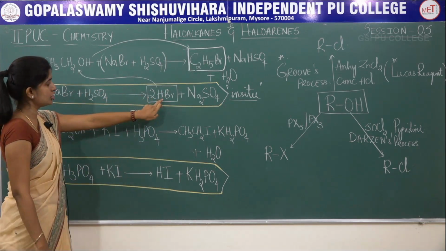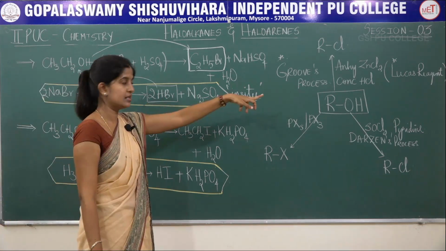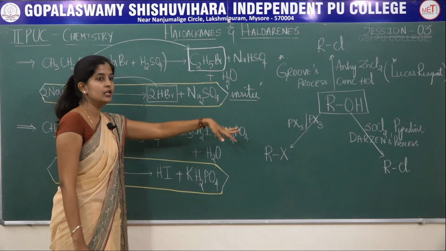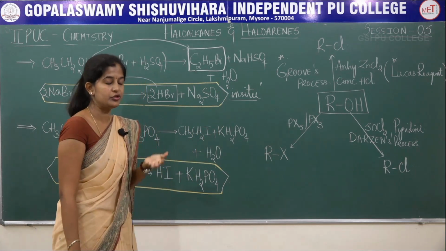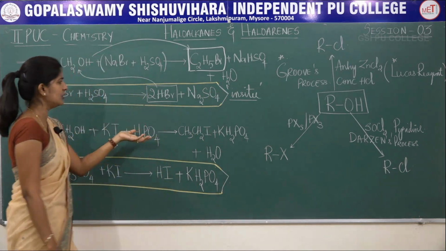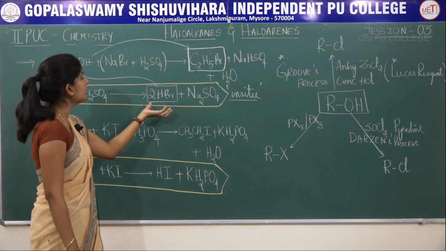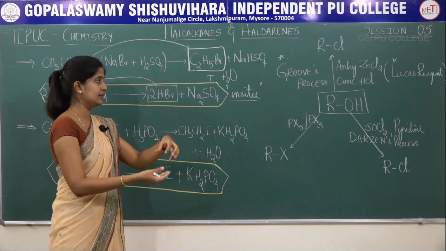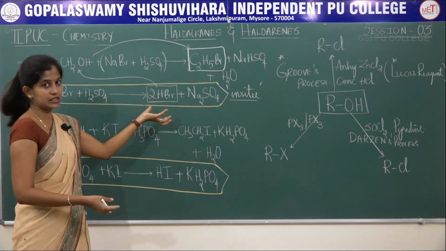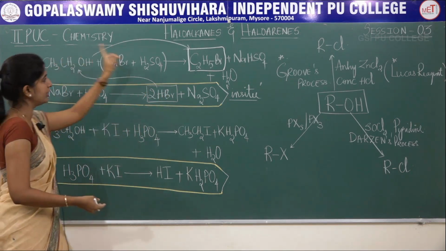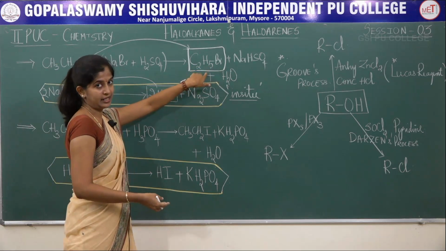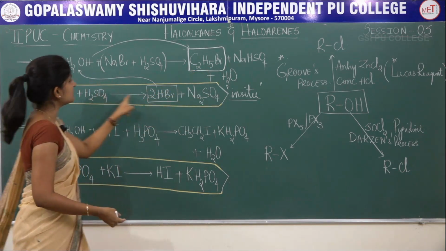So this hydrogen bromide is unstable. It is not stable like your HCl, so that we can prepare it and keep it in a bottle, which you see in your laboratory. It is very unstable. Hence, it is not prepared and added externally. It is prepared in situ, and this HBr prepared in situ reacts with your alcohol to get your bromoalkane. So this is called in situ preparation.